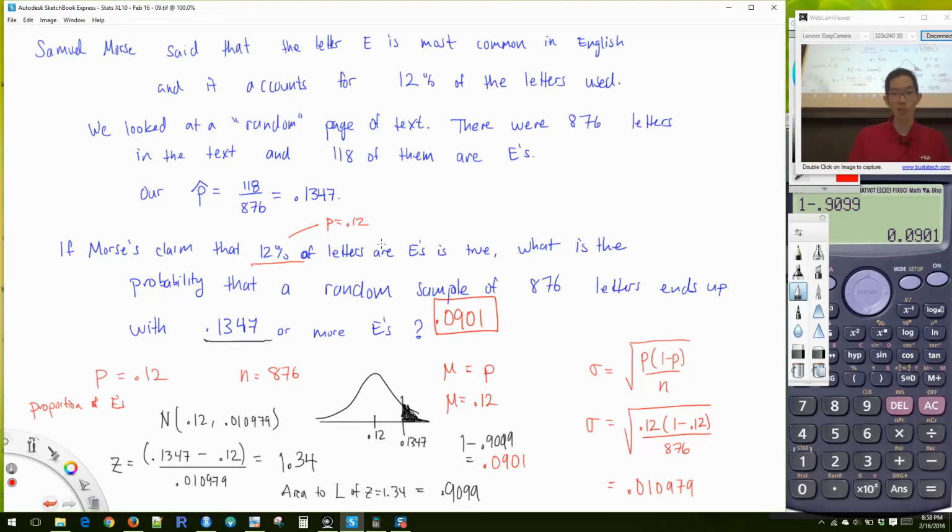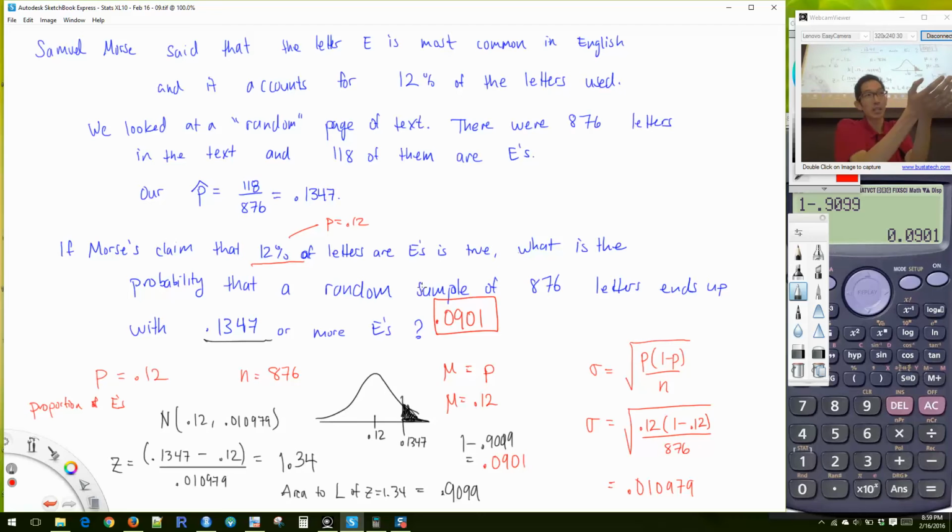if the claim that 12% of letters are E is true, what's the probability that a random sample of 876 letters ends up with about 13.5% E? Just imagine instead of the vat of candy, we've got a vat of letters. These letters represent the English language, so E's will show up a lot, X's and Z's and Q's not so much. We're going to pick out 876 letters out of this giant vat.